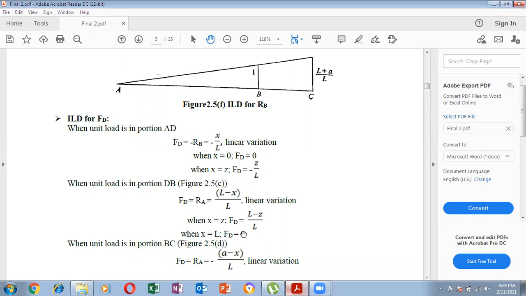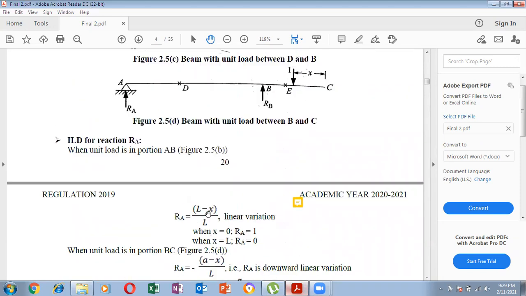Next, moving on to the third load position, that is in the overhanging portion, which is similar to this loading case.